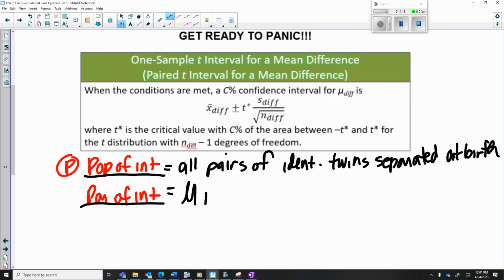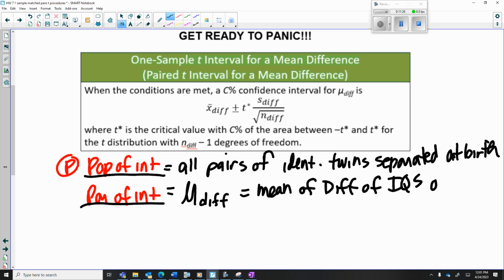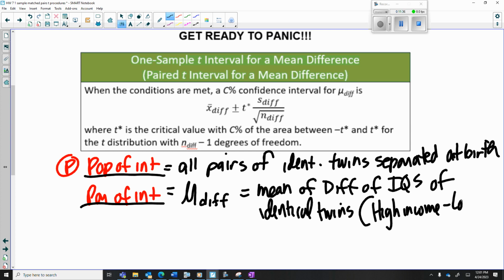The parameter is mu sub diff, and that's the mean IQ, the mean of the differences of the IQs of twins, of identical twins, of high income minus low income. Okay, so maybe the population is just all identical twins in general. They don't have to be separated at birth.